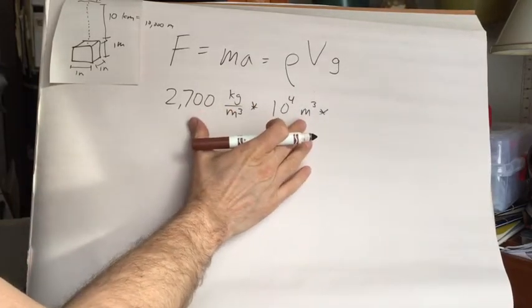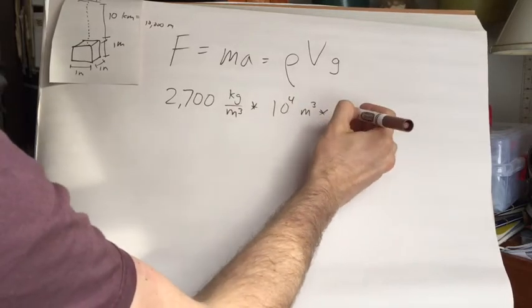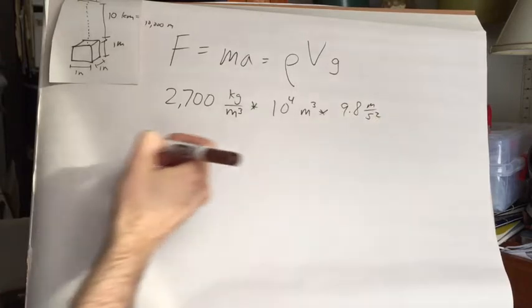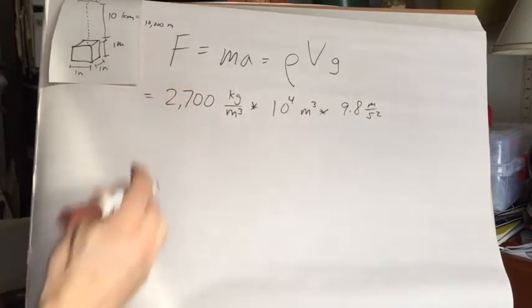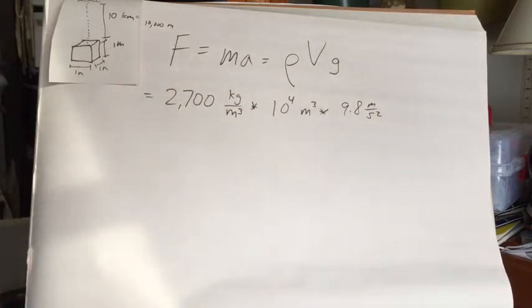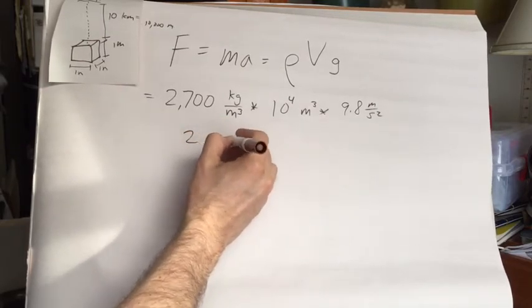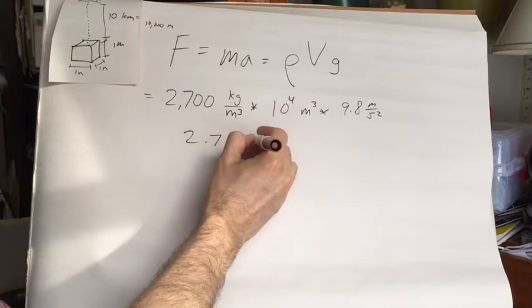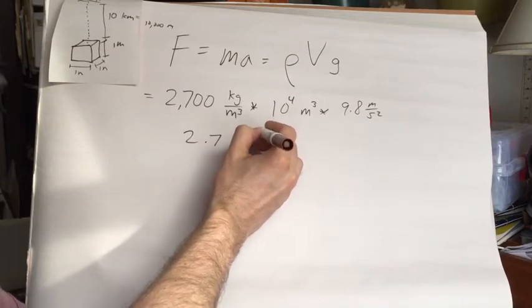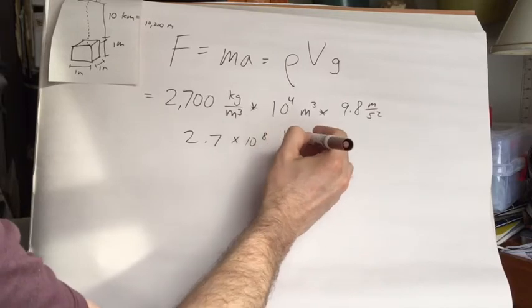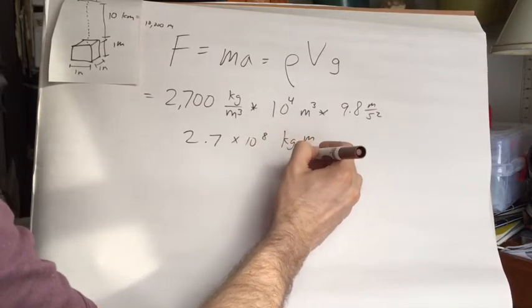So this will give us mass times gravity, 9.8 meters per second squared here on Earth. And this turns out to be about 2.7 times 10 to the 8th kilograms meter per second squared.